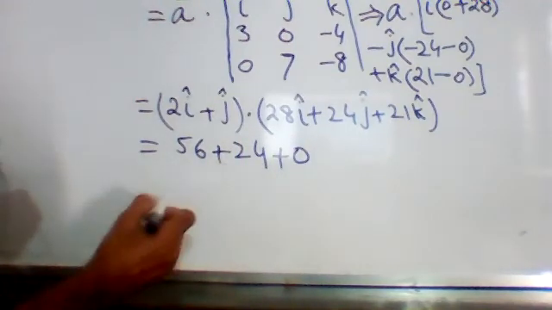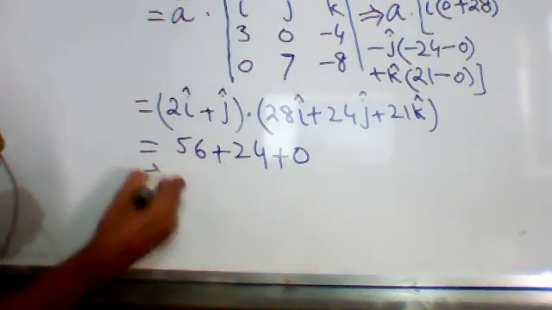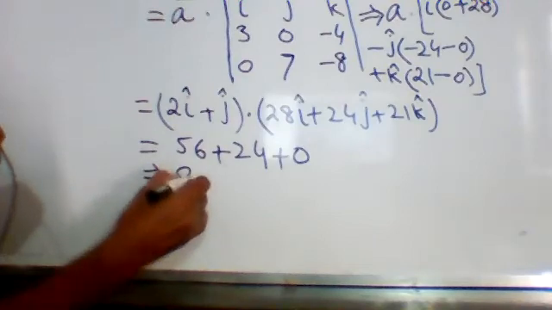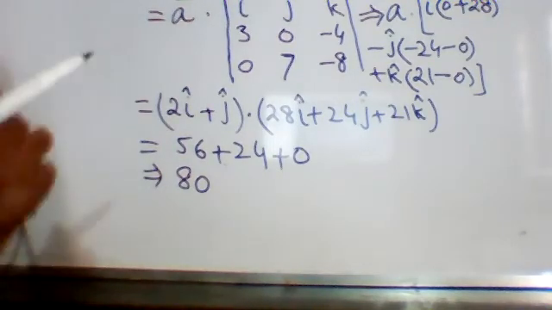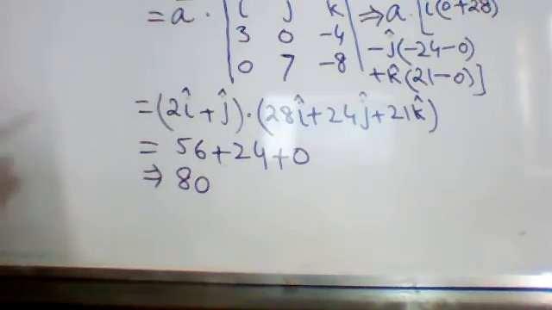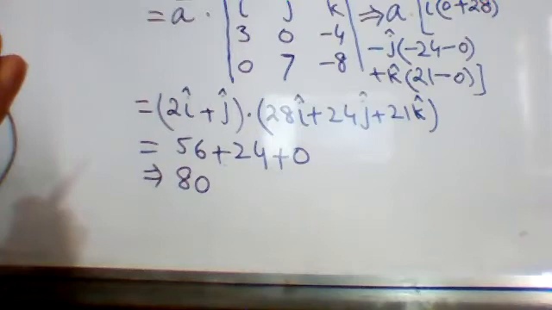So the final answer is 56 plus 24, which is 80. The volume of the parallelepiped is 80. In this way, we will find the volume of the parallelepiped.